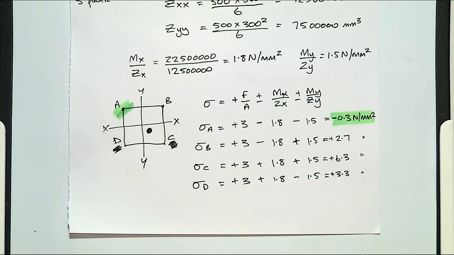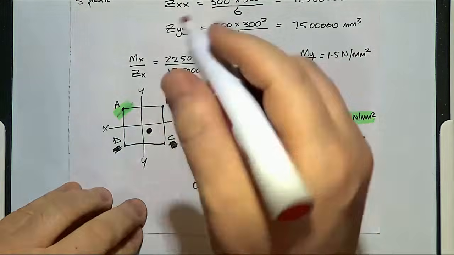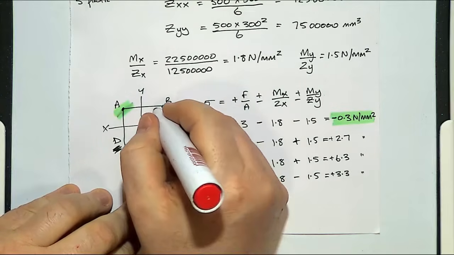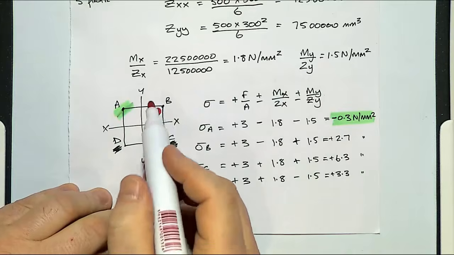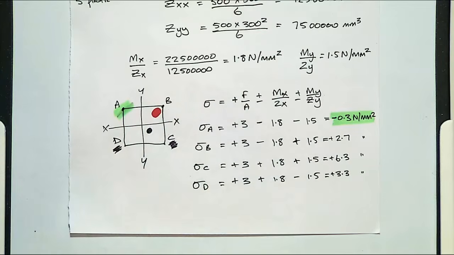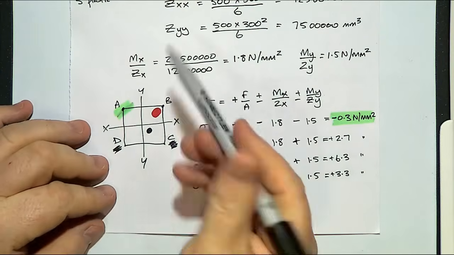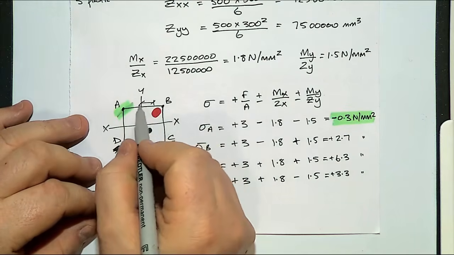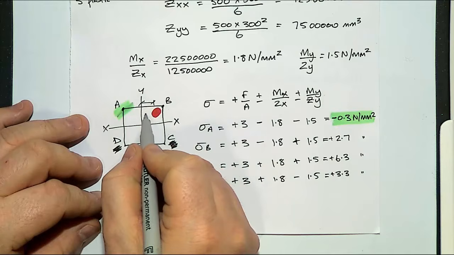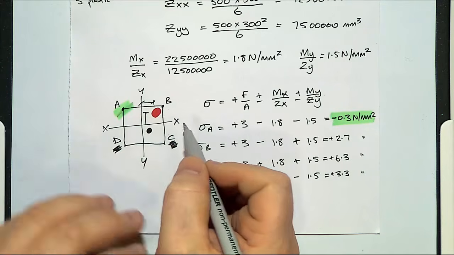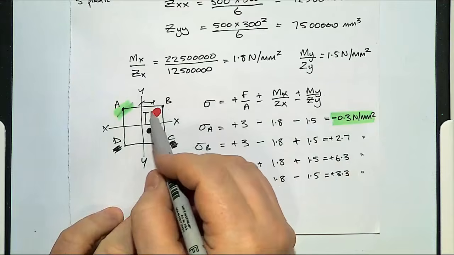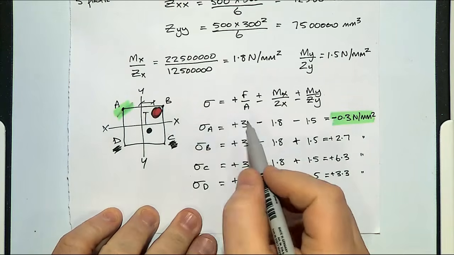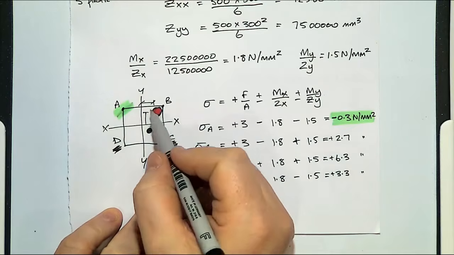Now, if there was a second load being applied to this, so if we had a load being applied there, and again, if that had its own distance in terms of its EY and EX, what you would have to do is take the direct stress for this one here, add it, and then you would also be looking at the bending.